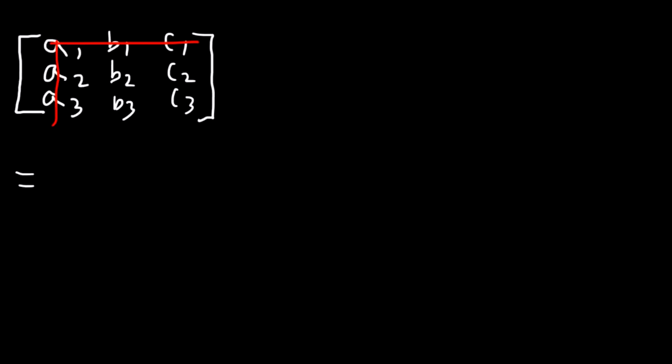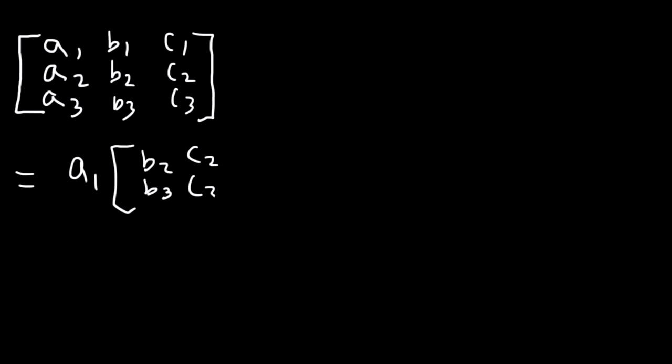And notice what you have left over: B2, C2, B3, C3. So you're going to use A1, and it's going to be reduced to a 2 by 2 matrix. So it's going to be A1, and then B2, C2, B3, C3. So when you cross out row 1 and column 1, you'll be left with B2, C2, B3, C3.